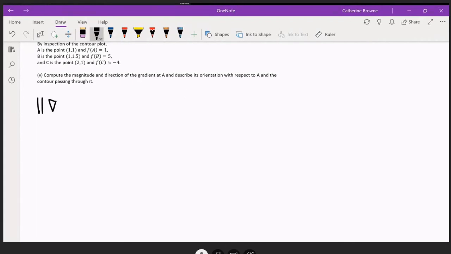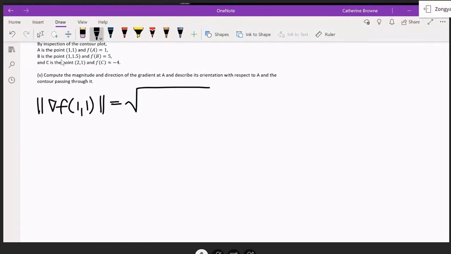So the magnitude of the gradient of f at 1, 1 is equal to the square root of minus 4 squared plus 6 squared, since grad f was minus 4i plus 6j.